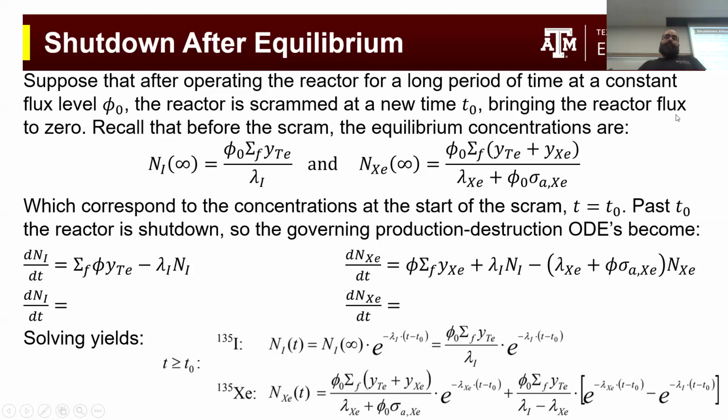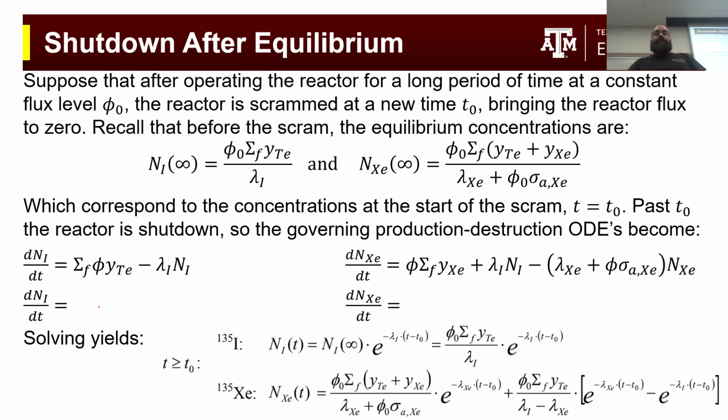flux down to zero. So at this new t0, these are my equilibrium amounts of iodine and xenon. And these were what my differential equations looked like when the reactor was operating and when there was a flux. But if I've now shut the reactor down, these differential equations are going to simplify because now the flux is zero.